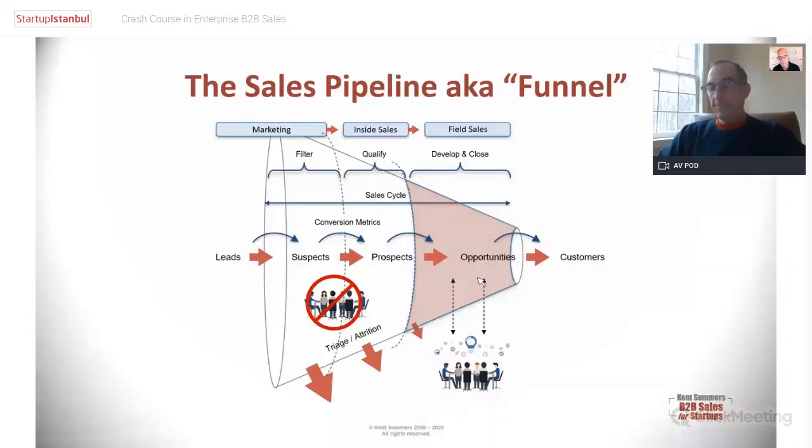And field sales can't be burdened by existing customers, so they would transition that relationship to an account manager. So this is a little bit of how you understand how sales and marketing work inside a large organization.